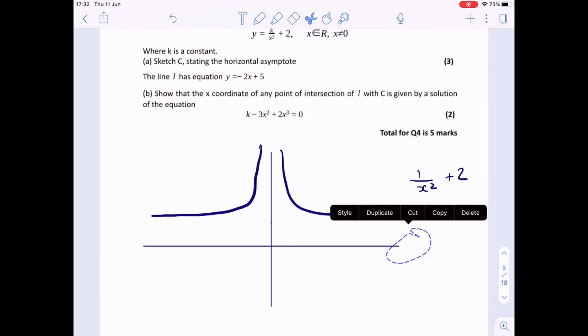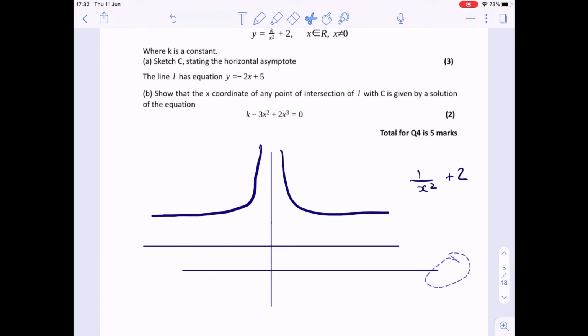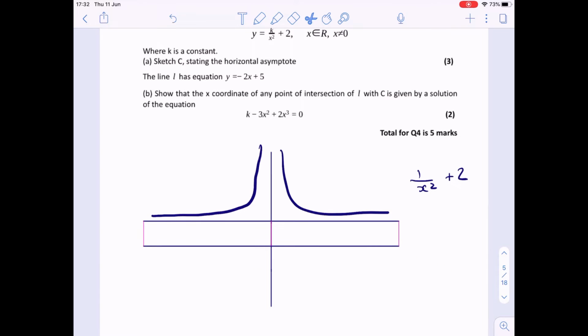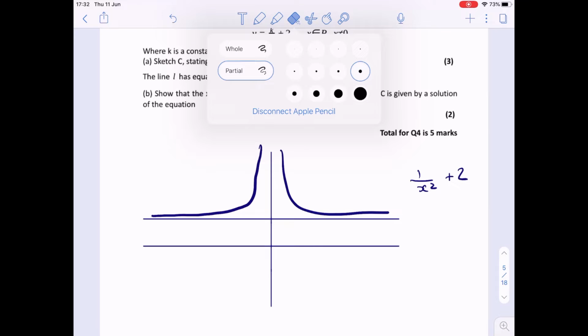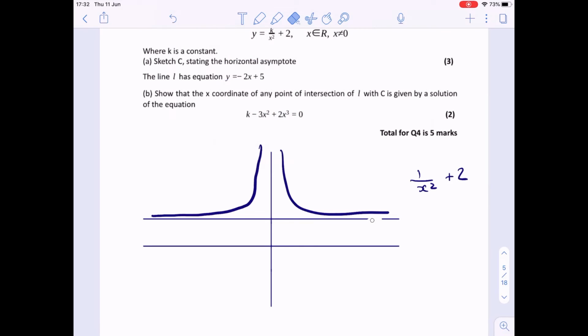Okay, and I'm going to say that this line is now my asymptote. Okay, so let's make it a dotted line. Okay, and we should always label these lines, and the question I think does ask us to. So this is the line of y equals 2.